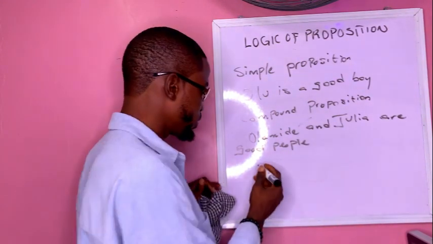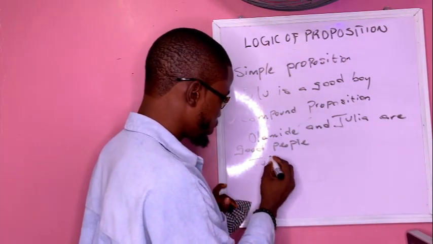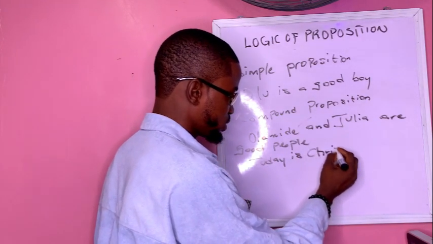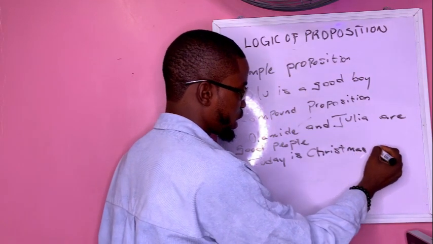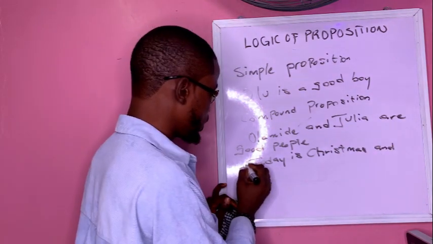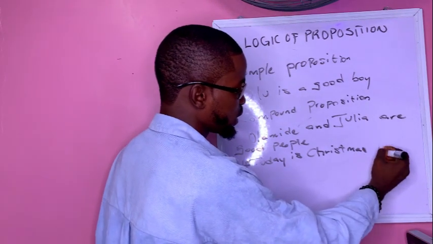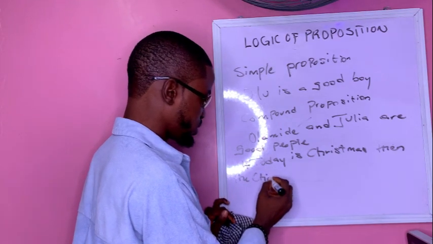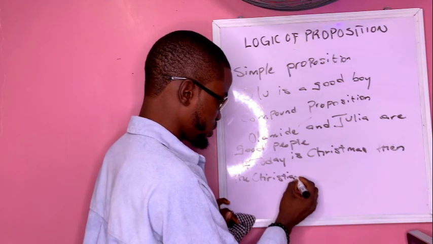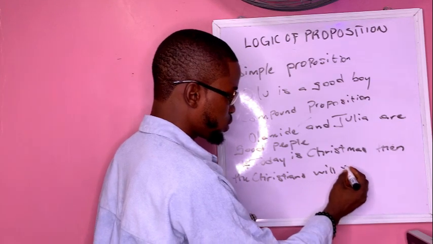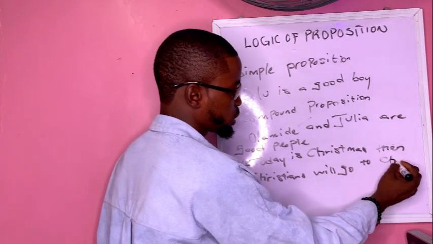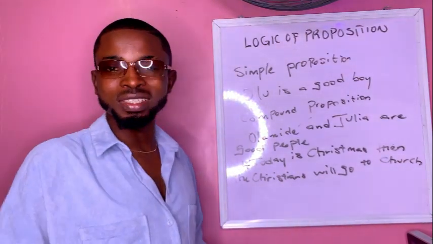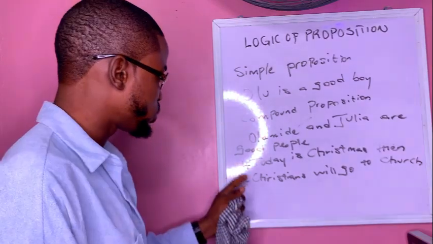Let me give you another example. Today is Christmas, and if today is Christmas, then the Christians will go to church. As you can see, this is another example of a compound proposition because it contains another proposition as a component.